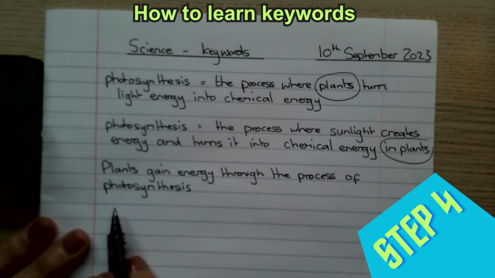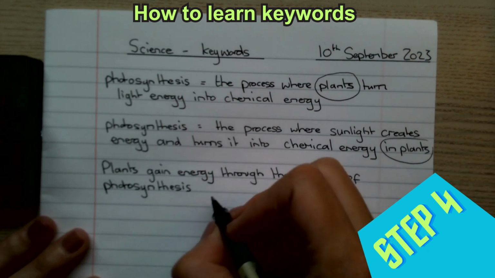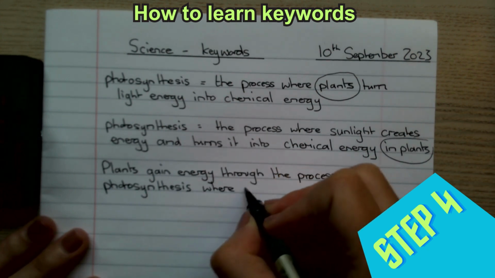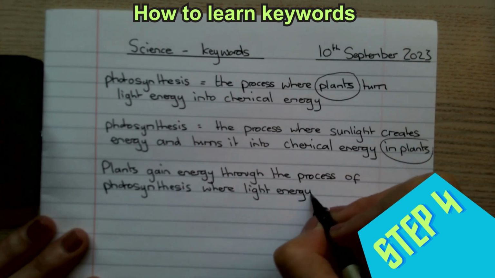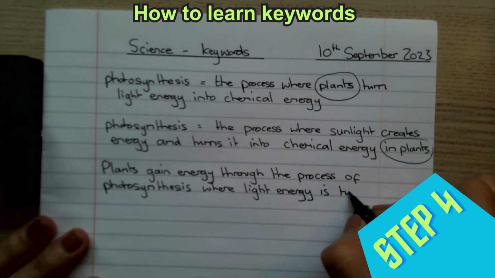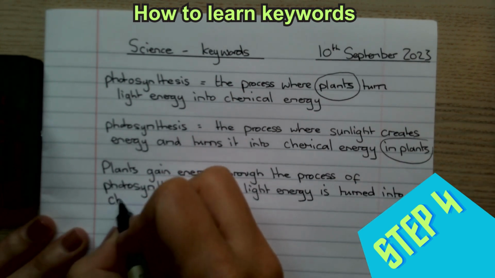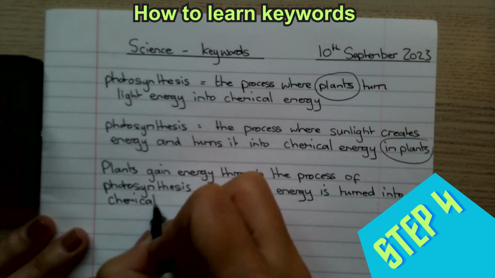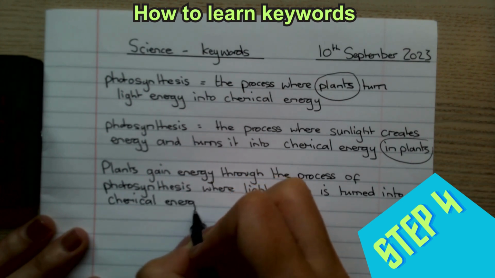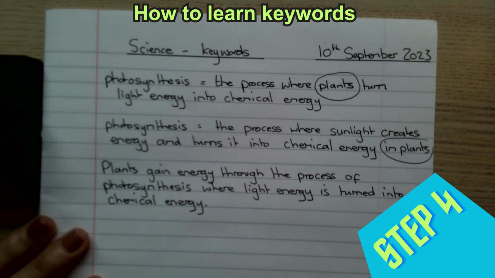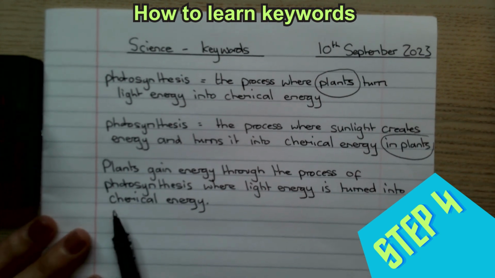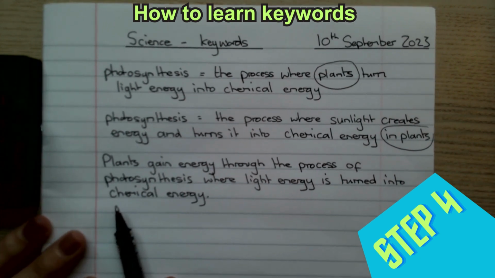Plants gain energy through the process of photosynthesis where light energy is turned into chemical energy. I didn't even need to look up to see what that was because I've learnt it in my own head. The end of my sentence, I must put a full stop because literacy is incredibly important and we are showing pride in our learning.